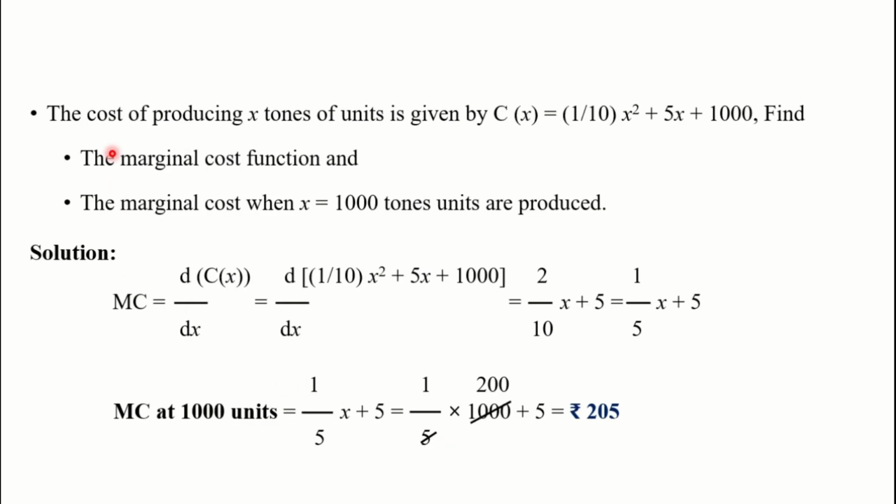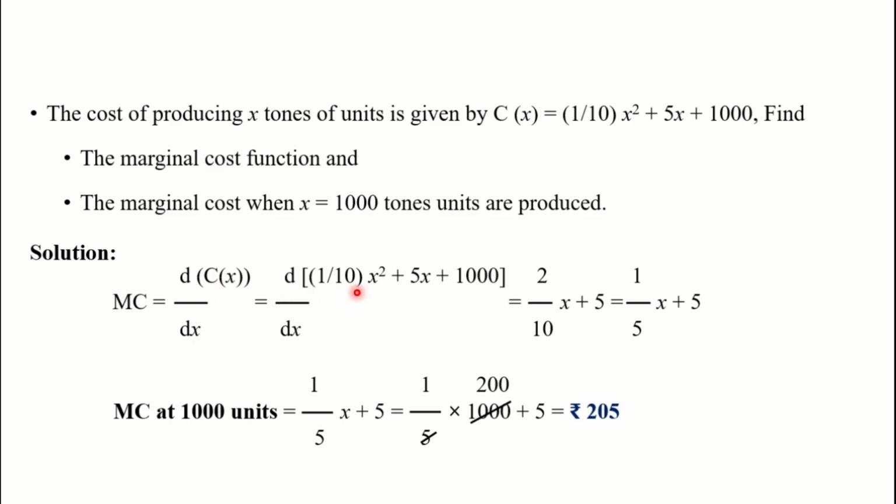Next problem: the cost of producing x tons of units is given by cost as a function of x is equal to 1/10 x square plus 5x plus 1000. Find the marginal cost function and the marginal cost when x is equal to 1000 units are produced. Okay, what is marginal cost? Marginal cost is nothing but the derivative of the cost function with respect to output, or we can say x.